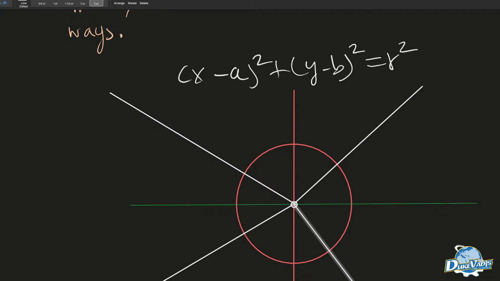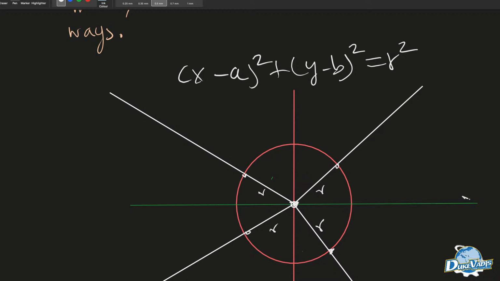Then I can confidently say that the distance from here to this point is a radius, and from this point to this point is also a radius, and from this point to this, a radius, in the same way.